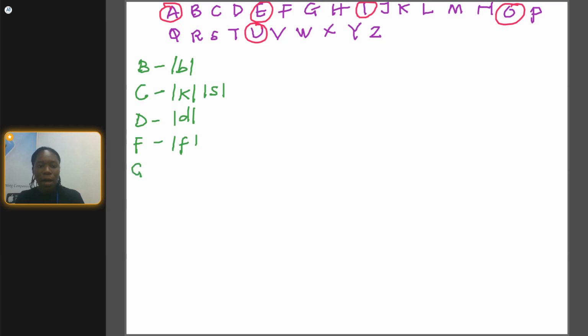Okay. Then we have letter G. Letter G gives us the g sound and the j sound. Okay, so you have g or j. That's the sound letter G is giving us.